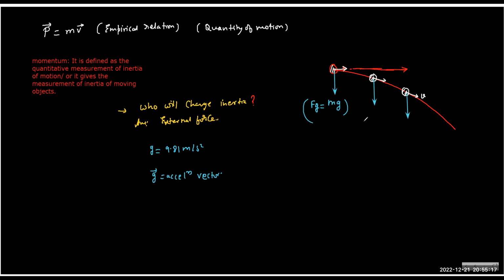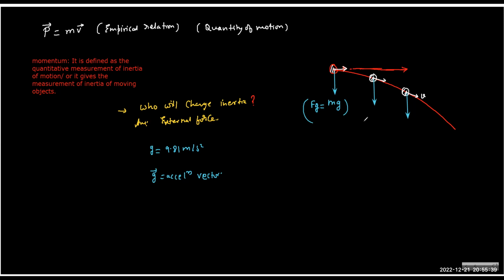So Newton said that the rate of change of momentum. Now, what I just said was the change of effect. The rate of change of momentum is what? Rate of change of effect, because momentum is the effect, isn't it? Momentum is the inertia and change is the effect.